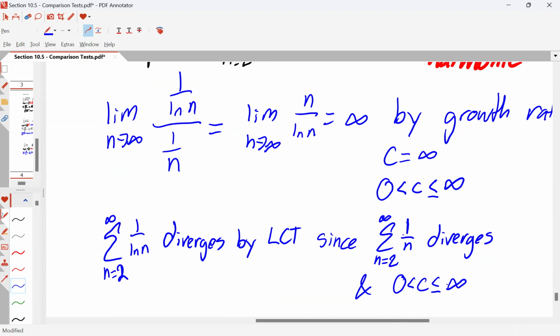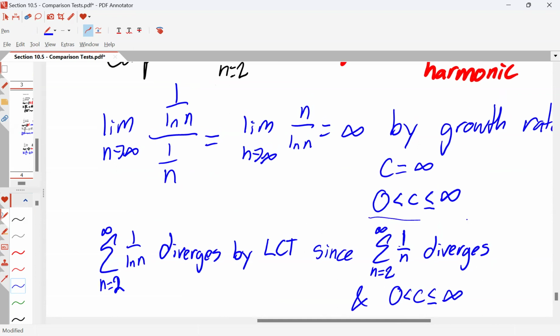To be clear, this line is important in all the limit comparison tests to say what my limit came out to be, and it is positive and finite, or not 0 and not infinity, or in this case, it is infinity and we have our special case.